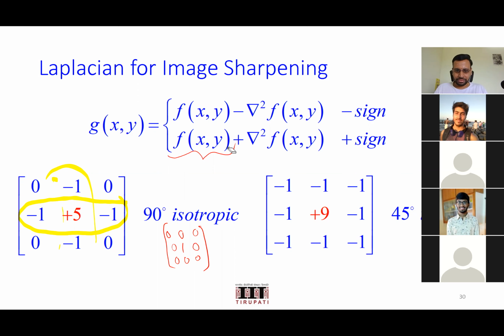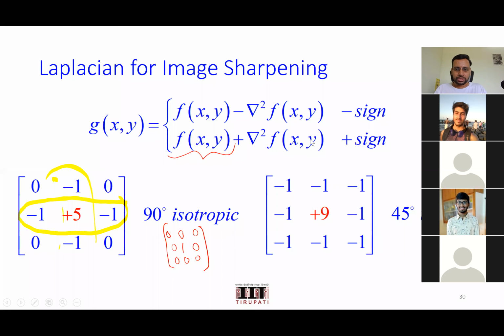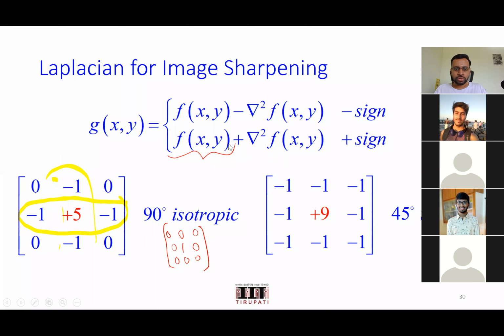Just look at whether you have to take a negative sign. These are the masks he's talking about. You take the negative of this, that you will get here. So if you want to add the Laplacian to the image, and you are taking these original masks, you need to subtract it from the image in order to add it. That looks counterintuitive in the beginning, at least to me, then it becomes clear. Just take an example again, a simple case where you take a uniform region, constant intensity everywhere.